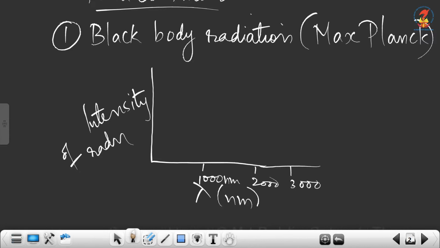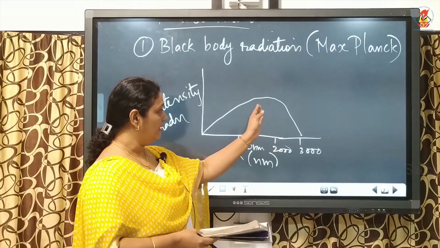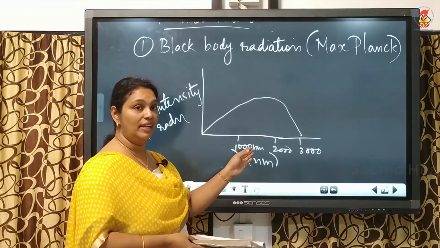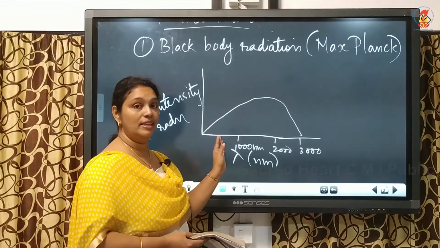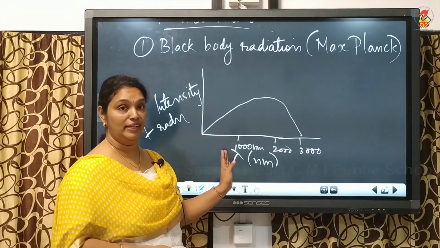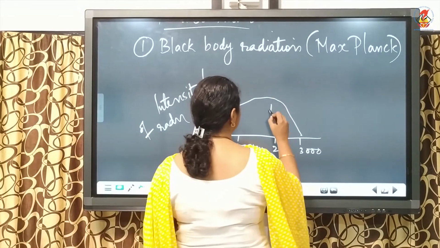Now you can see that the intensity of radiation first increases with decreasing wavelength, reaches a maximum value and then starts decreasing with further decrease in wavelength. Suppose this is a temperature T1.